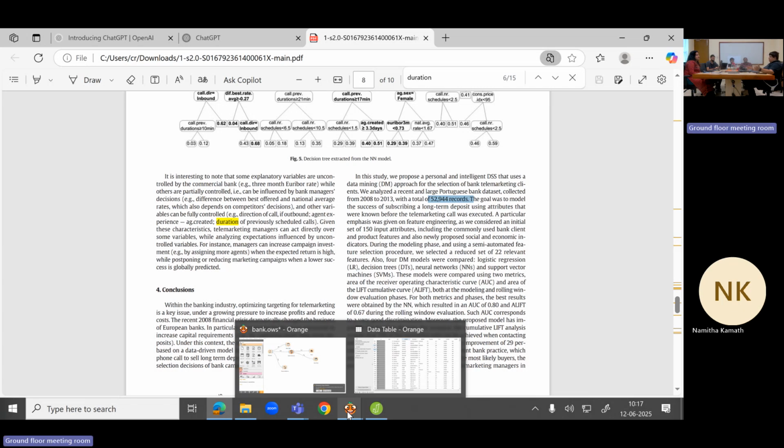That means we are interested not only in the explanation detail, why this particular variable, so you can give an explanation, but more importantly, whether by using that you can predict accurately.